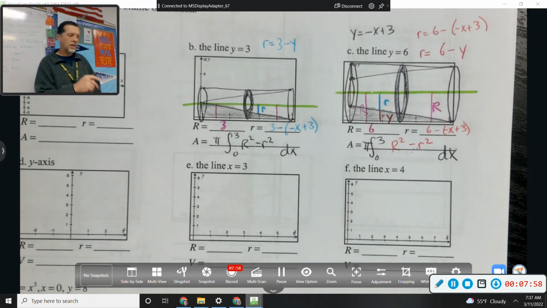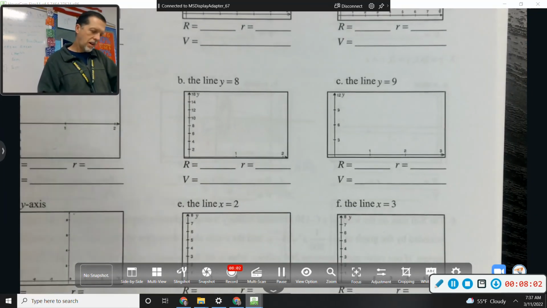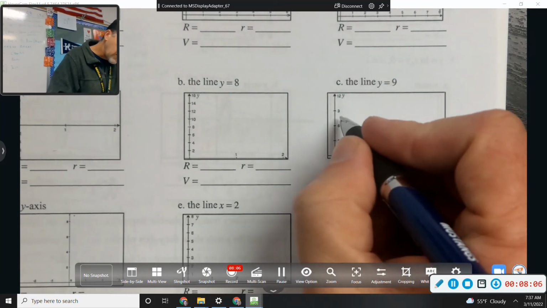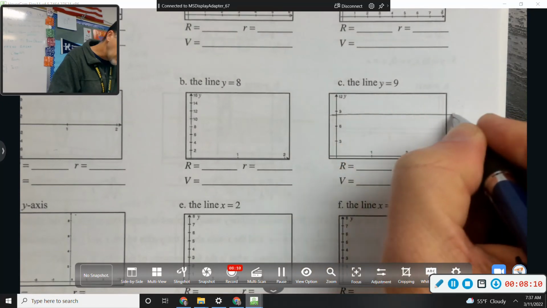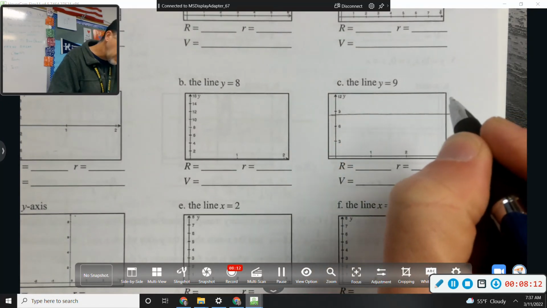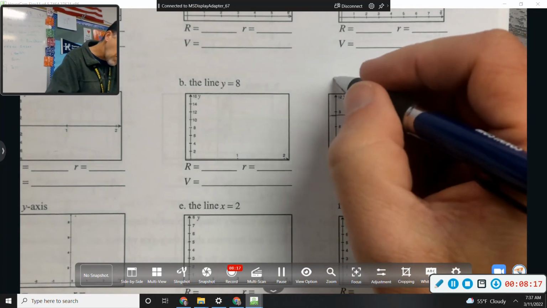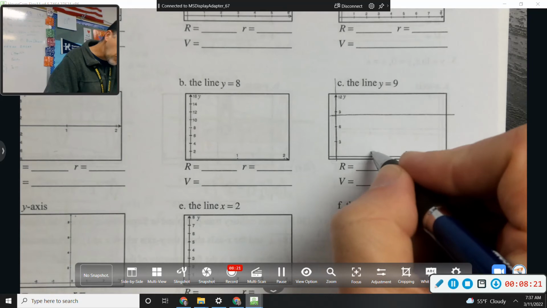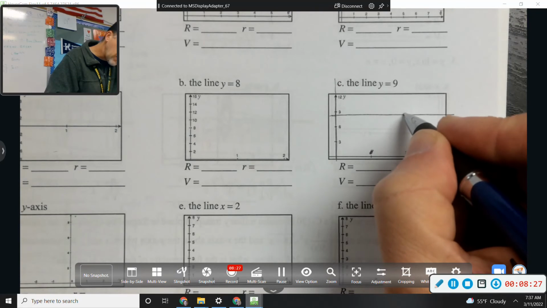Okay. x cubed: x equals 0, y equals 0; x equals 1, y equals 1, since 1 cubed is 1; x equals 2, y equals 8, since 2 cubed is 8.